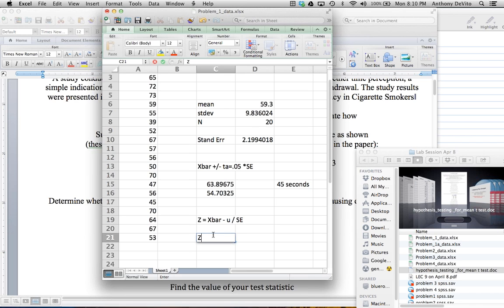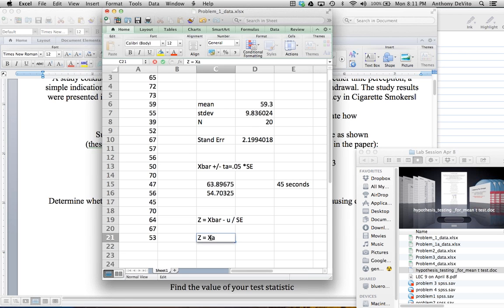Z is going to be, or T. Now I'm going to change that to T, because in reality we only have a sample size of 20 here. So we don't really have a right to expect this to follow a Z distribution as opposed to a T distribution. Now I'm going to change this back to a Z for the moment and make believe it's a bigger sample size, just so we can go through this for the first time.